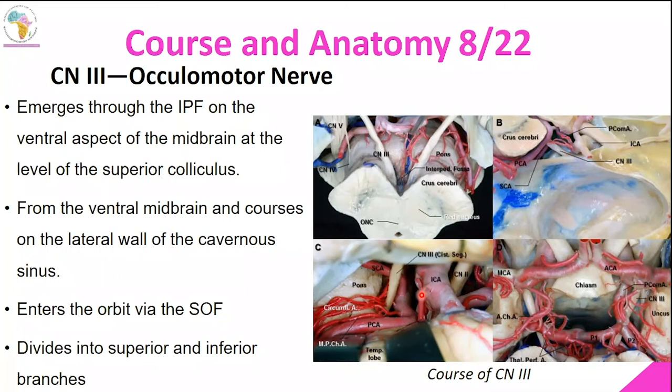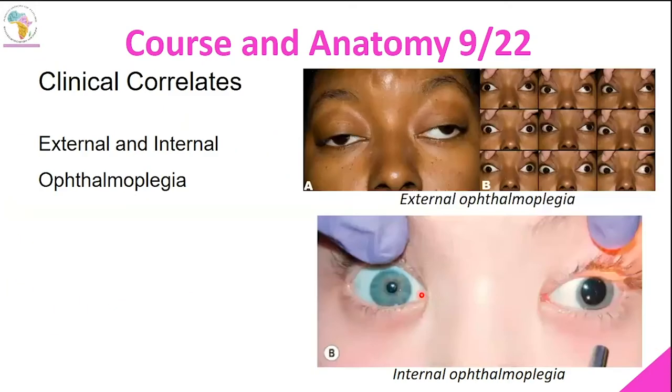This is responsible for sending supply to the ciliary muscle for visual accommodation, as well as to the muscles within the pupil that are responsible for the pupillary response to light. So with regards to clinical correlates, what we are looking at here is ophthalmoplegia as a result of oculomotor nerve palsy.